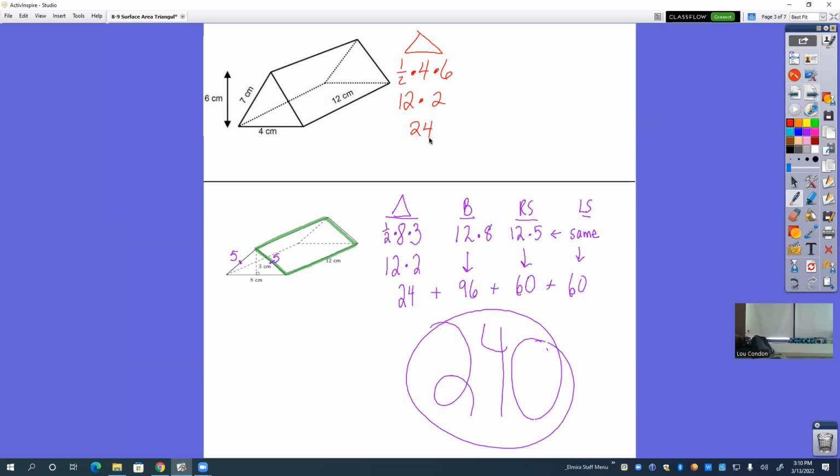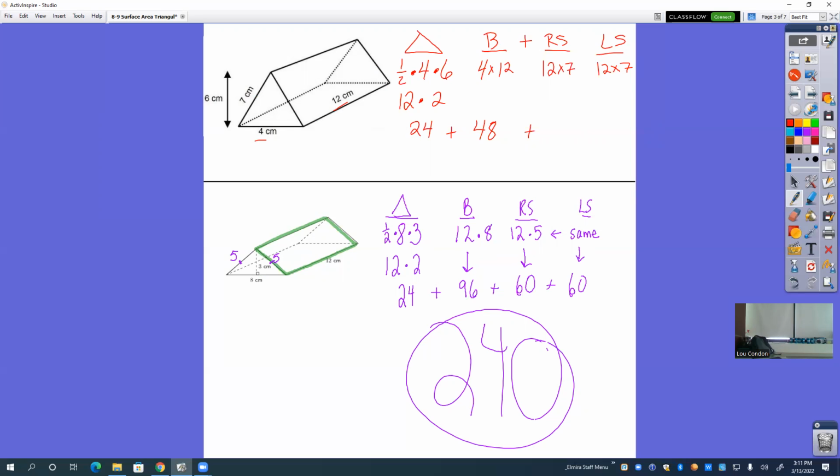Plus the area of the base. So 4 times 12. Again, that would be length times width. 4 times 12 is 48. Plus the right side, which is 12 times 7, and the left side is also 12 times 7.